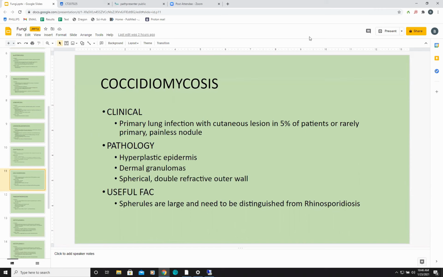So the lungs are the most common site of infection, and then you can get, mainly in immunocompromised people, dissemination, about 5% of patients. Usually presents as a painless nodule. The pathology is a hyperplastic epidermis, dermal granulomas, and these spherical organisms with a double refractive outer wall, and these can be pretty difficult to find, and they're big. So the histologic differential here would be rhinosporidiosis.